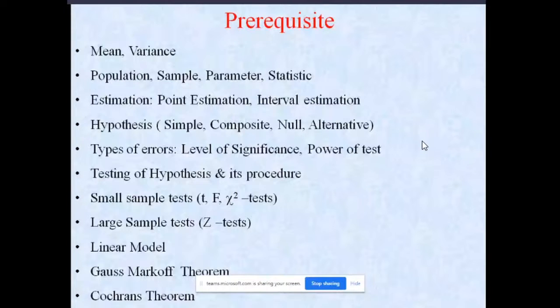I already told you, for any hypothesis that you have taken, we have two situations: one is that the hypothesis is true, and the other possibility is that the hypothesis is not true. Based upon this, we are accepting the hypothesis or rejecting the hypothesis.